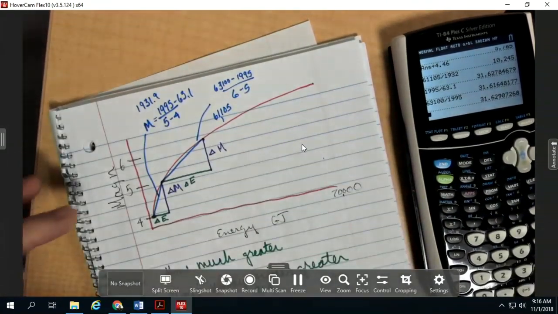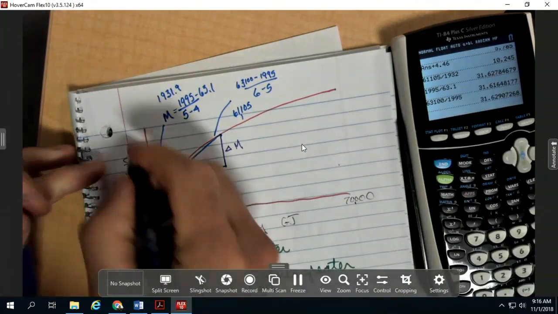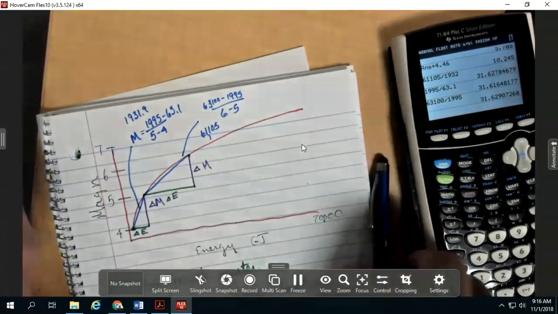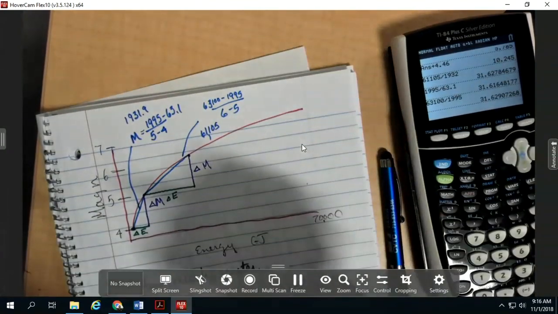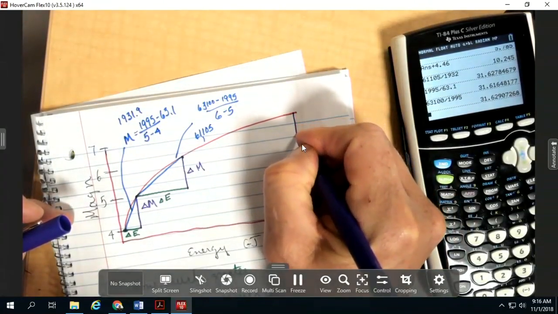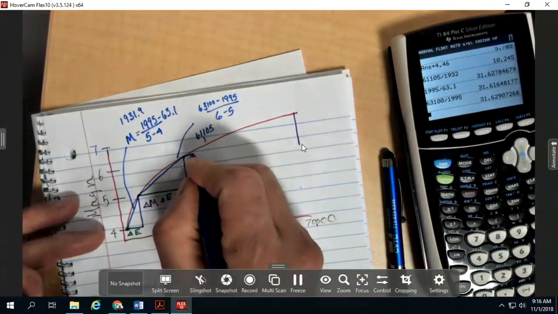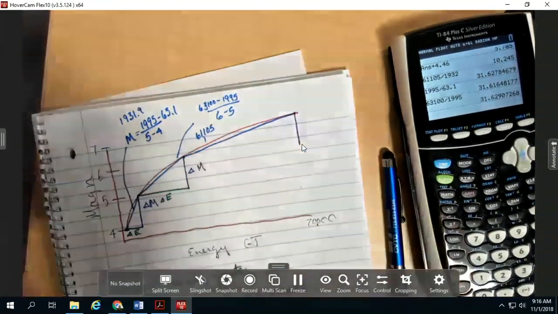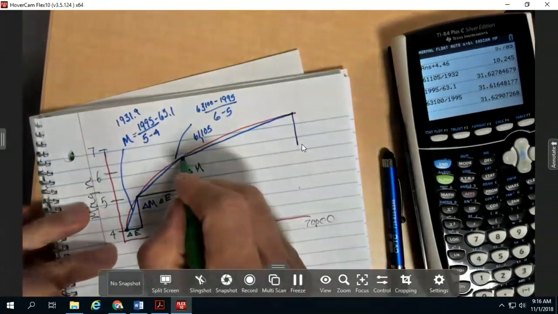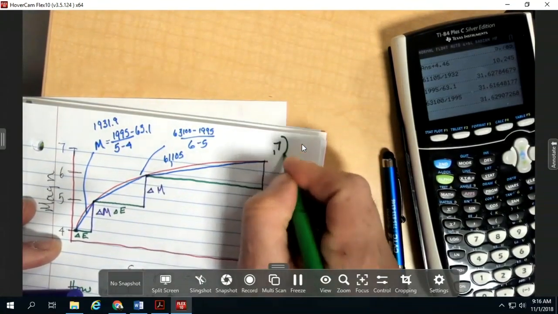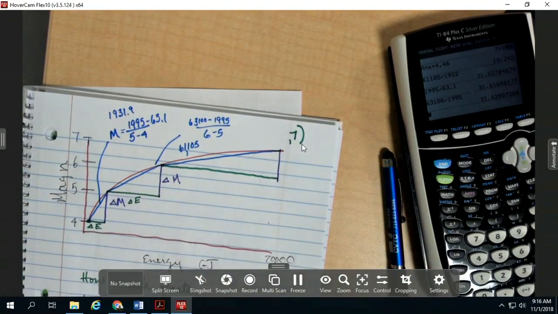So if we went up here to 7, this is the point. How much energy will it be? How are we going to figure it out? What can we do? Ideas.